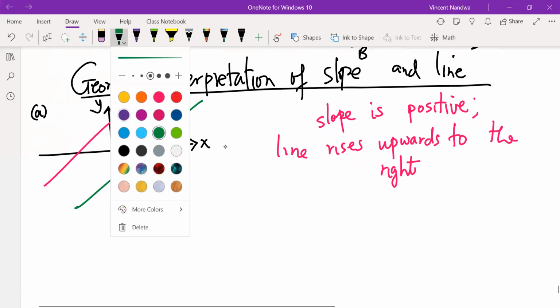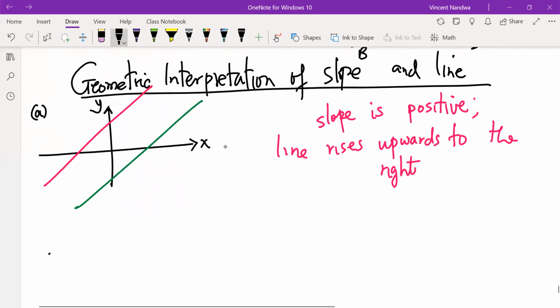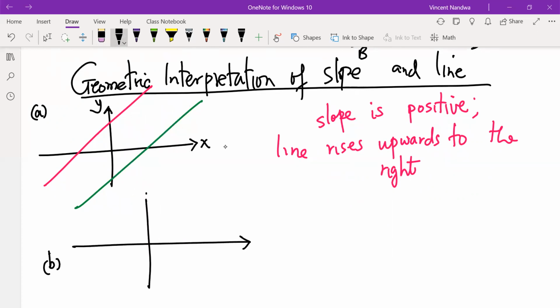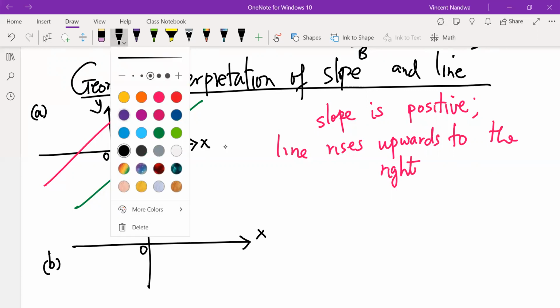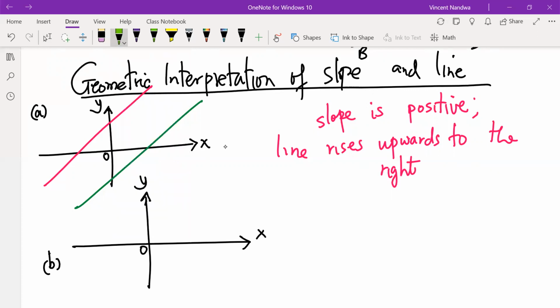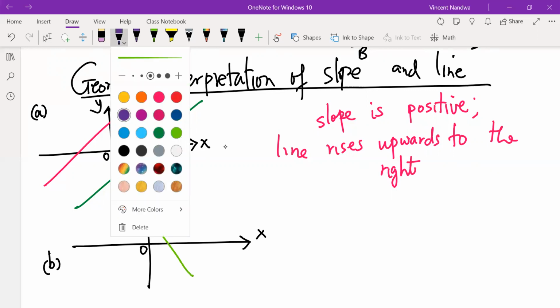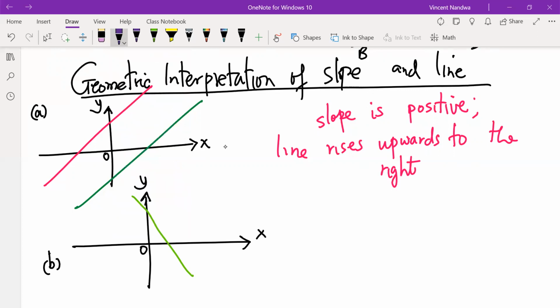Case B, if this is the x and y axis, and the line is of this nature, or the line is of this nature, then the slope is negative.